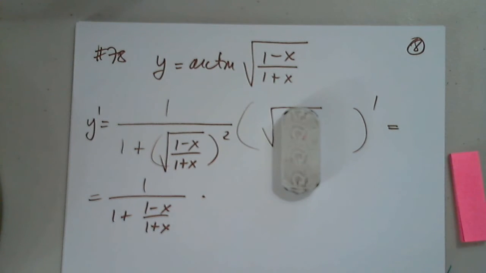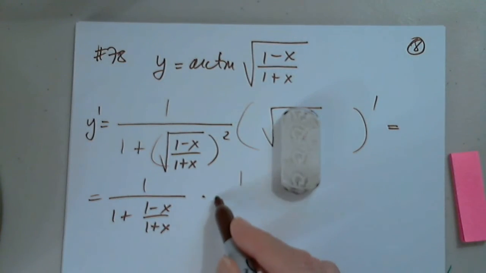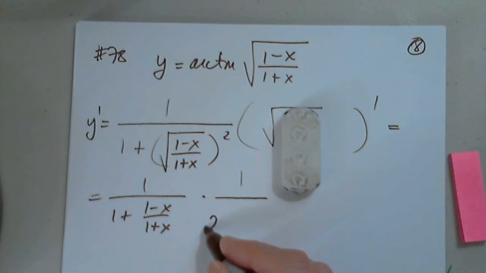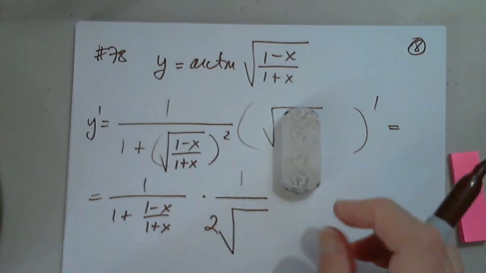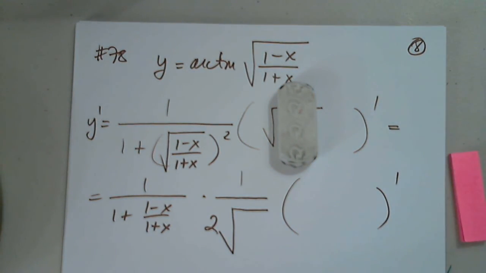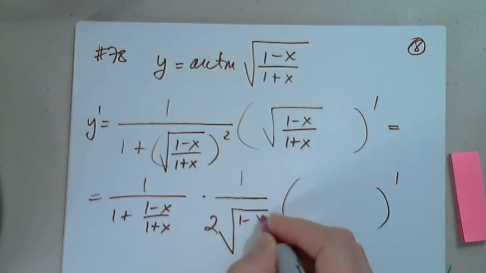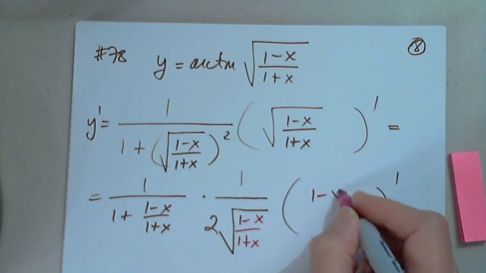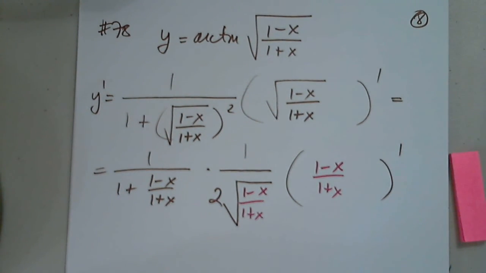How do I differentiate the square root again? 1 over 2 times square root of the function, times that function prime, the derivative of that function. Yep, so now I copy it. 1 minus x, 1 plus x, 1 minus x, 1 plus x. I'm one step closer.